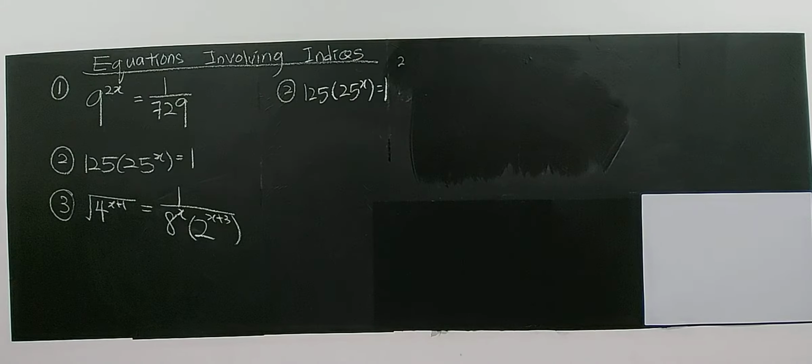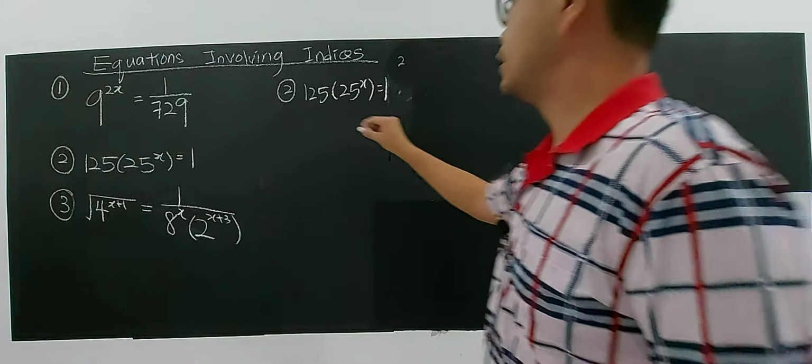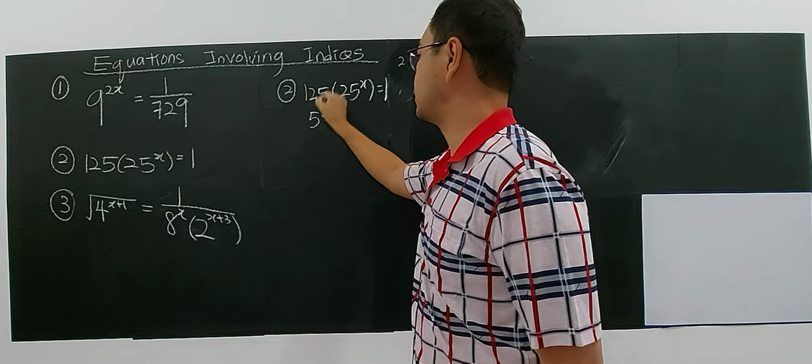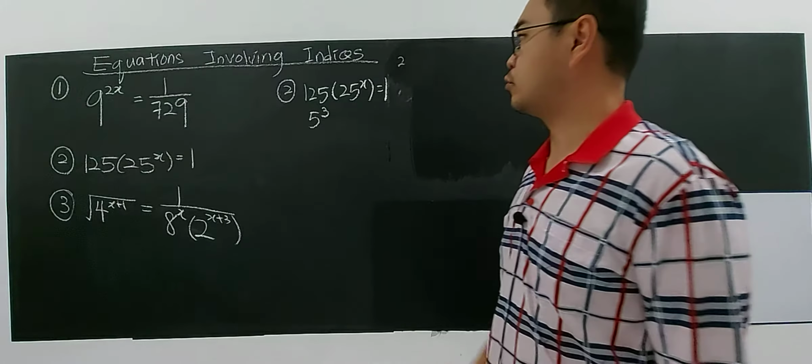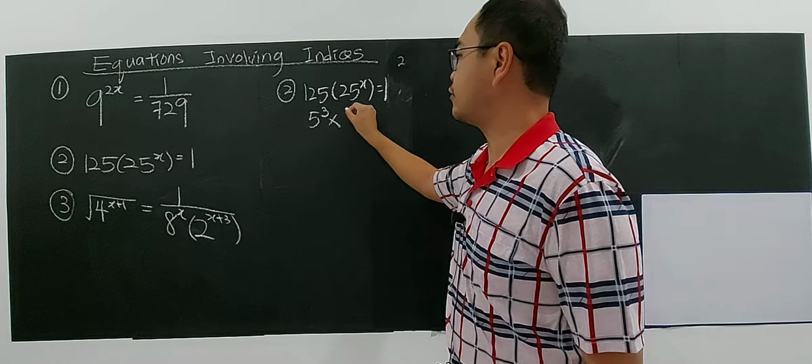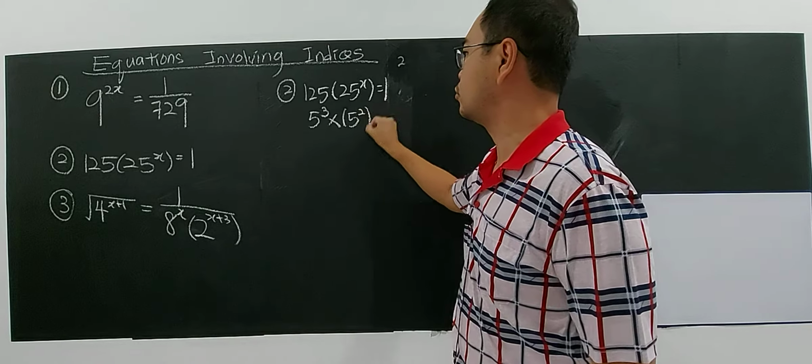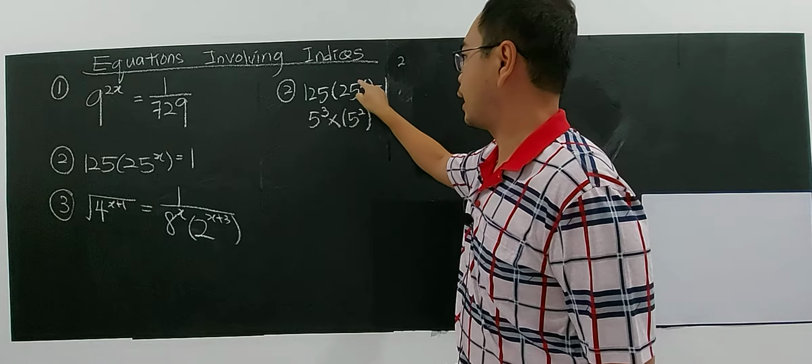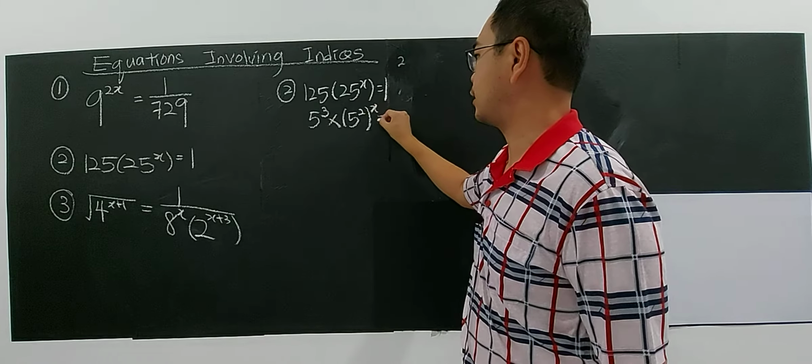You know that 125 and 25 also have the same base. The lowest base will be 5. 125 is 5 to the power of 3, and 25 is 5 to the power of 2, and with the power of x, you put the x outside.